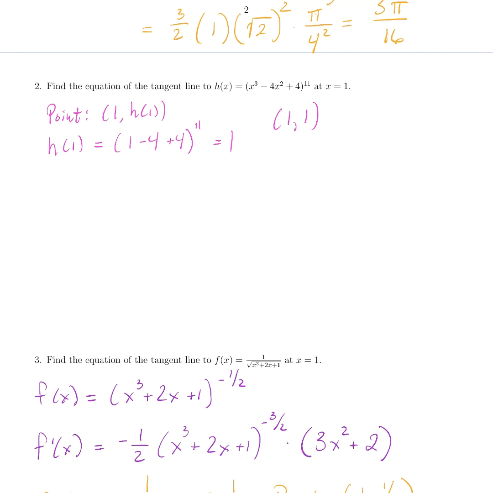Now to find the slope of that tangent line, we need to take the derivative. So h prime. What is it? Again, we have something raised to a power. The power comes down. We treat the something as if we're just applying the power rule. But because that something is not x, we need to multiply by its derivative.